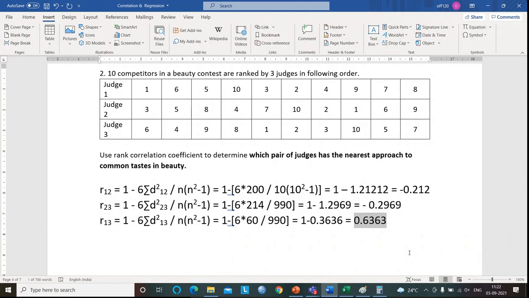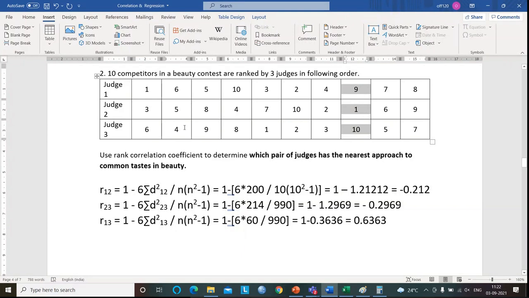That means judge 1 and 3 have a common taste in beauty. If the first judge is giving the highest rank, the third judge is also giving the highest rank. Judge 1 and 3 are giving the same kind of ranks, but judge 2 is giving a different rank.